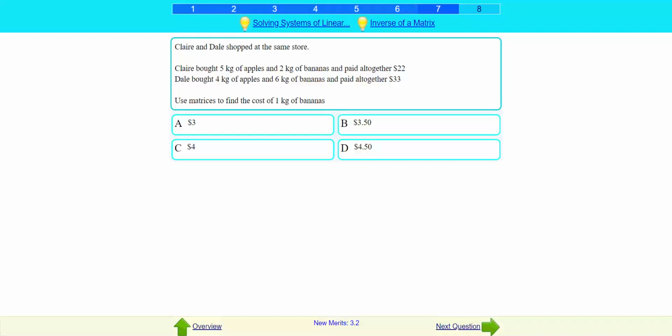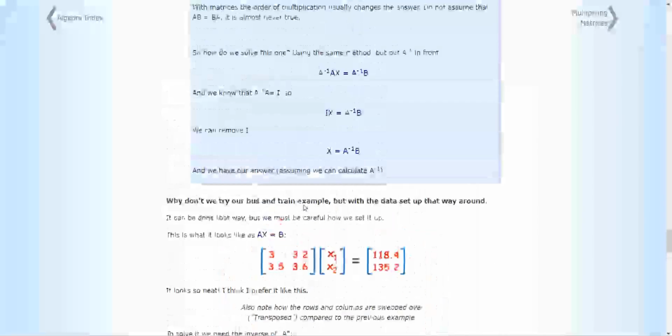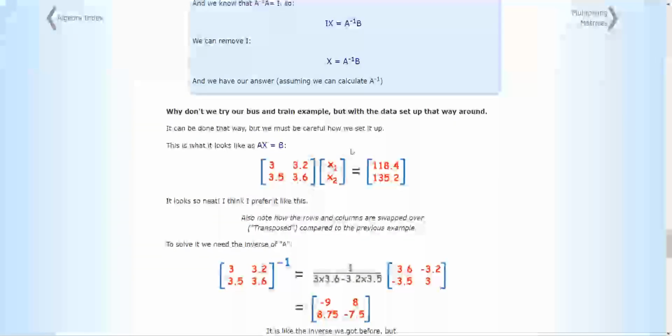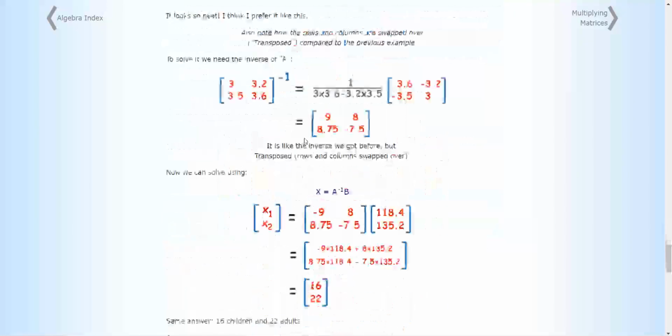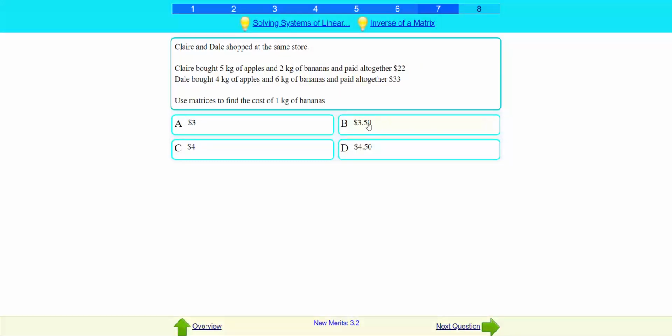Now this example is pretty much similar to the example we've seen here. So this is it. So we could solve this problem using the inverse. So we have the matrix equation AX equals B.